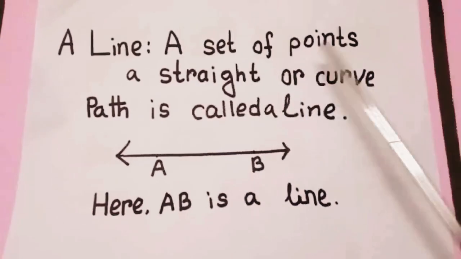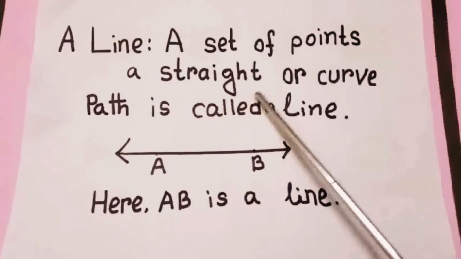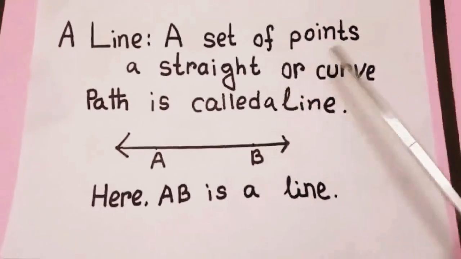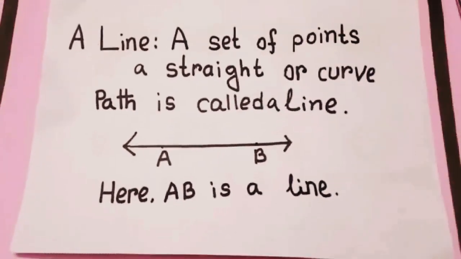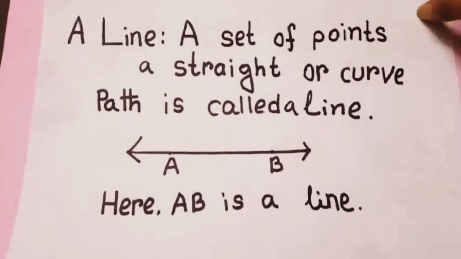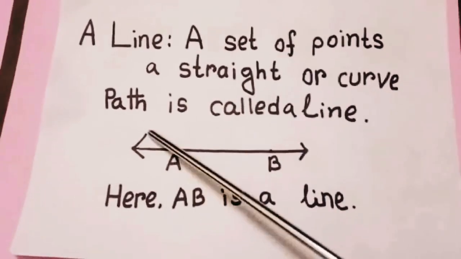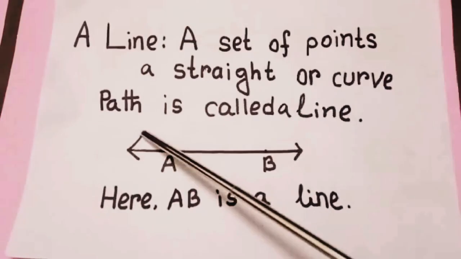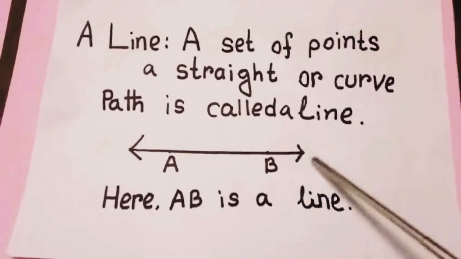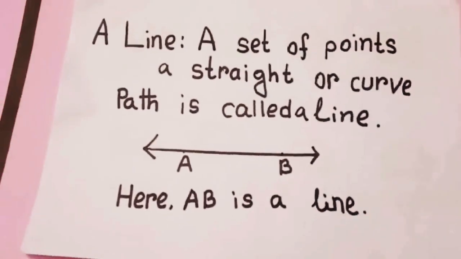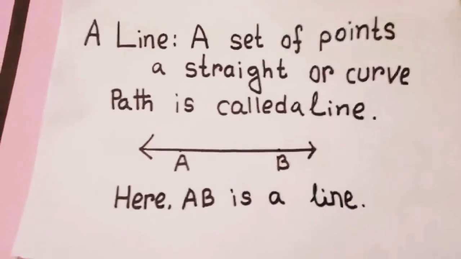A set of points, a straight line or curved path is called a line. Here AB is a line. Don't forget to draw this arrow sign. This arrow sign represents that a line has no starting point and no ending point.